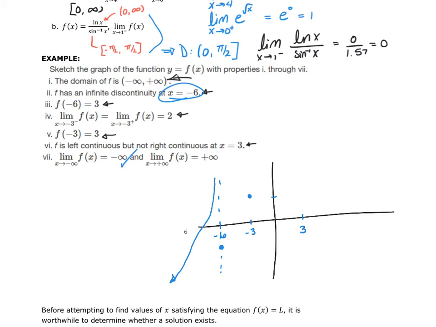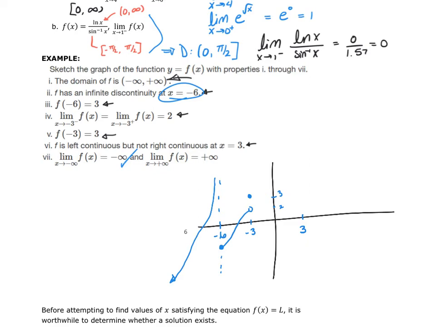As we approach x from the left side of -3, and as we approach x from the right side of -3, it is 2. So this is -3, here's 2. So I have an open dot. It's going to approach it. It's going to be 2 from the left. It's going to be 2 from the right. So here we go. It goes somewhere.